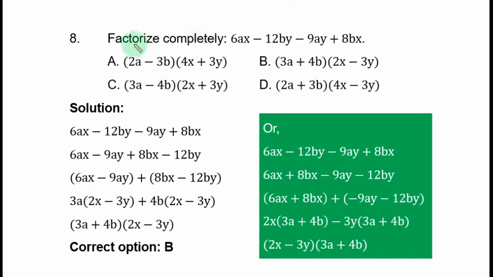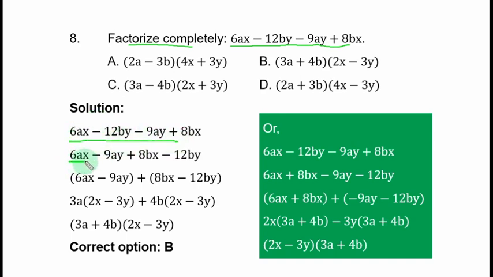Question 8. Factorize completely 6as minus 12by minus 9ay plus 8bs. Here you factorize by grouping. You take two terms that have anything in common, you group them together. Looking at them, this is the problem now.